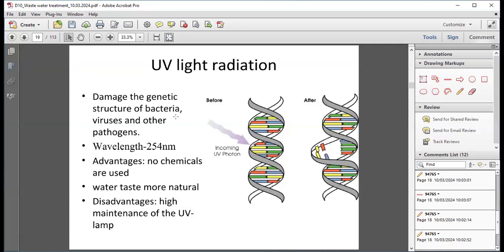It damages the genetic structure of bacteria, viruses, and other pathogens. Wavelength 20 to 54 nanometers. Nm means nanometer, the thickness. Advantages: no chemicals are used, and the water tastes more natural. Disadvantage: high maintenance of the UV lamp.